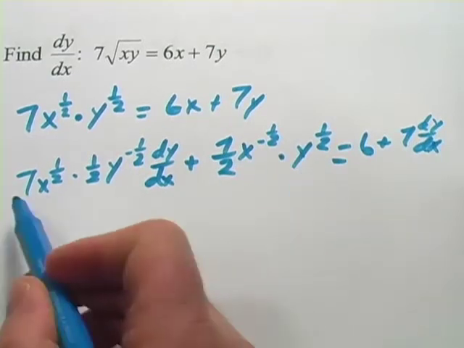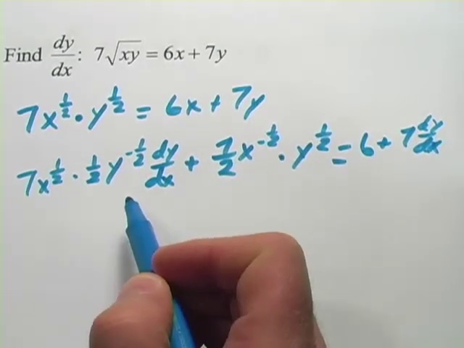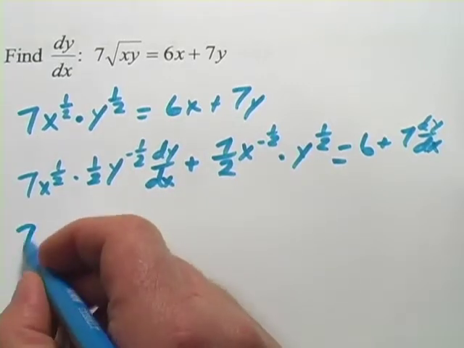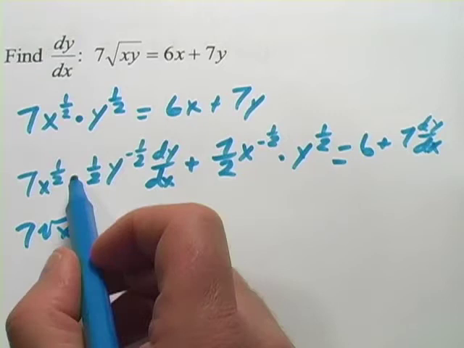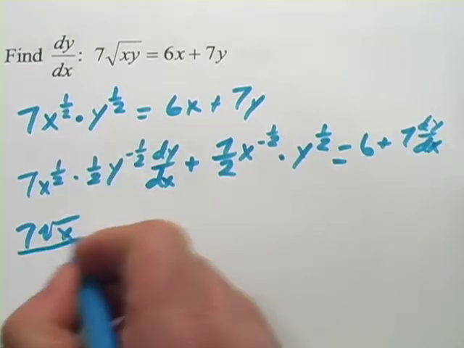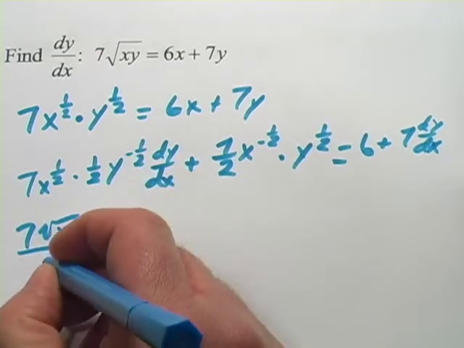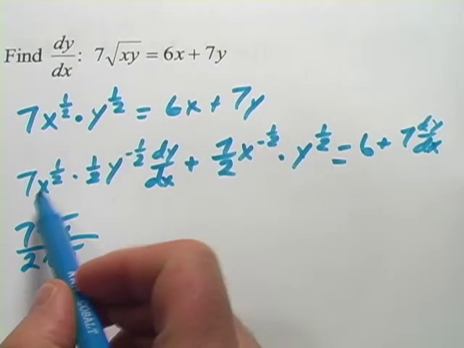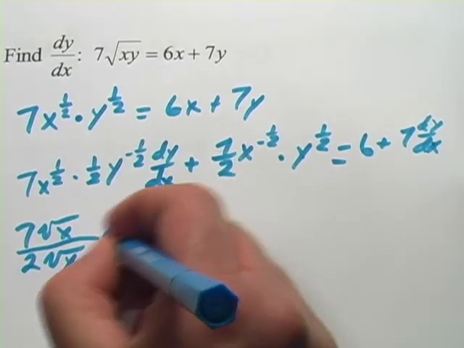I'm going to rewrite these with square roots instead of the fractional powers. So we have 7 times the square root of x times 1/2 y to the negative 1/2. So the y to the negative 1/2 would be a square root of y down here, and the 2 would go down there. So that's dy/dx.